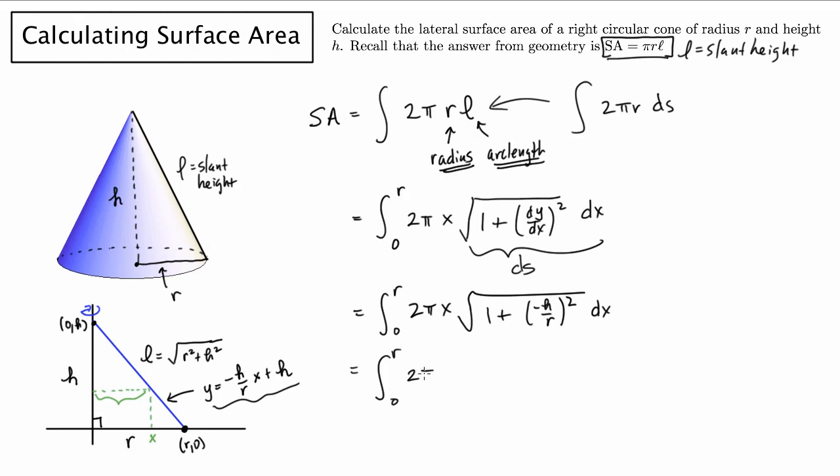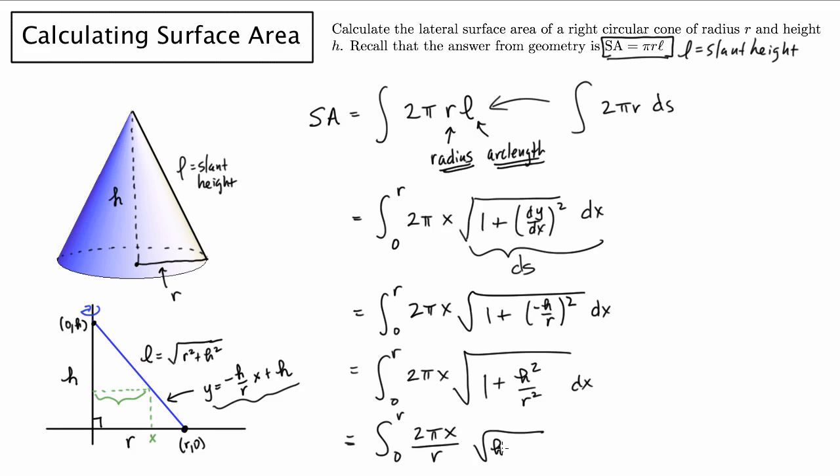This is the same thing as 2 pi x square root of 1 plus h squared over r squared, which finally gives, if I get a common denominator here, 2 pi x over r square root of h squared plus r squared. And look at what happened. This r squared plus h squared term showed up, so this is the integral from 0 to r of 2 pi over r times L times x dx.